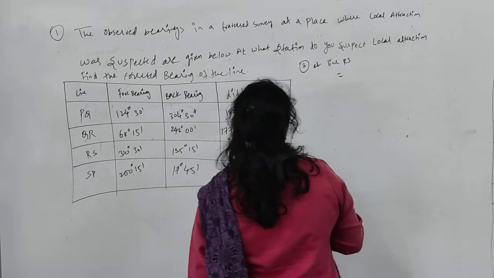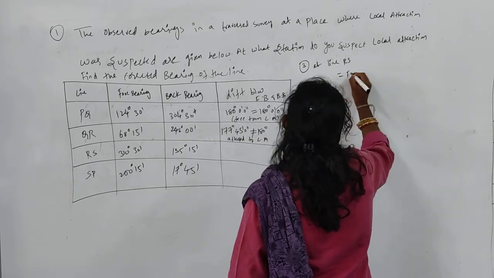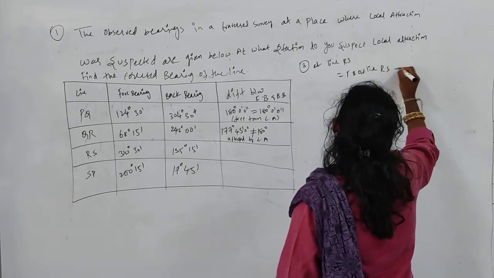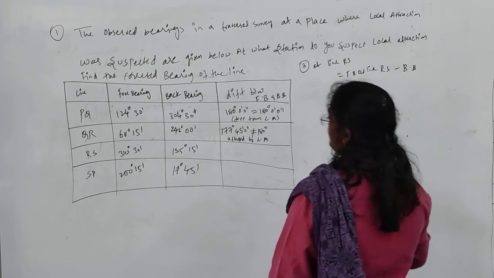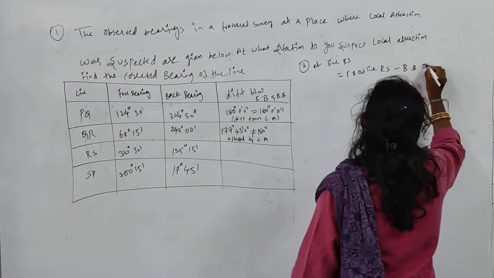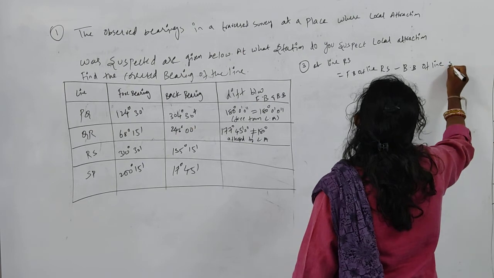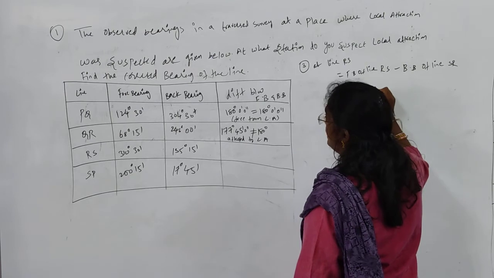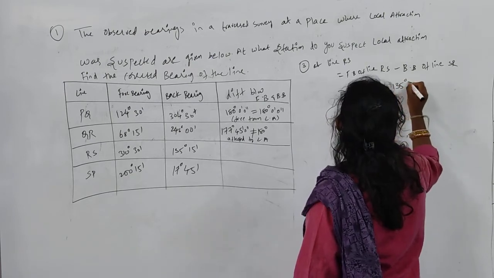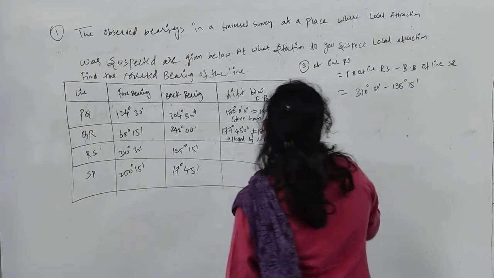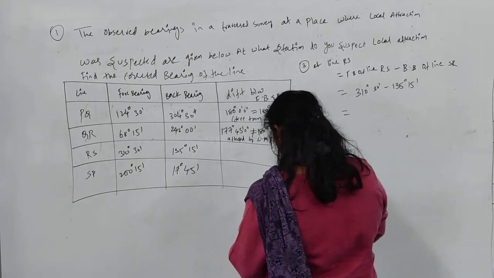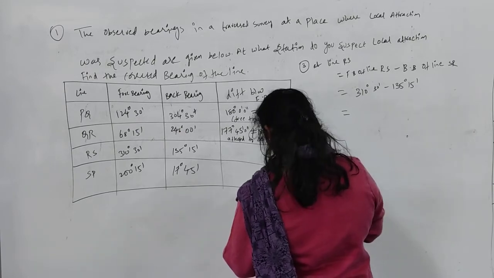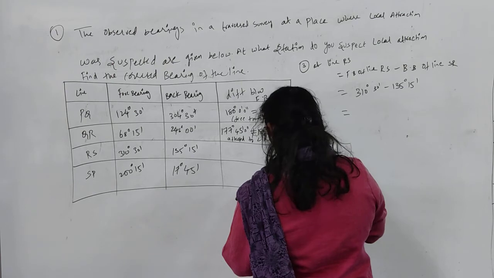Here the forebearing is higher value, so what I am doing here, forebearing of line RS minus back bearing of line SR. So write what will be the value here, 310 degrees 30 minutes minus 135 degrees 15 minutes. Right? So see here what will be the value here, 310 degrees 30 minutes minus 135 degrees 15.